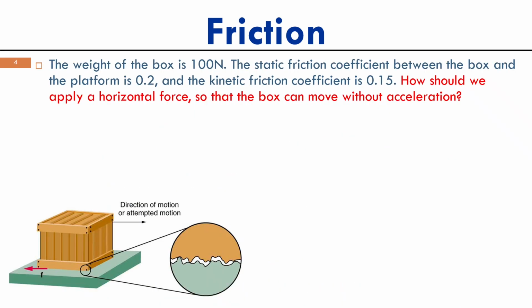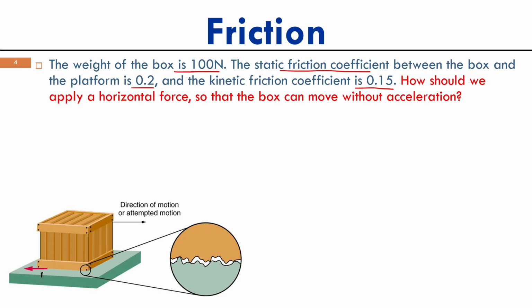Alright, let's see, there is a box, and the box weighs 100 Newton, and the static friction coefficient between the box and the platform is 0.2, and the kinetic friction coefficient is 0.15. How should we apply a horizontal force so that the box can move without acceleration?